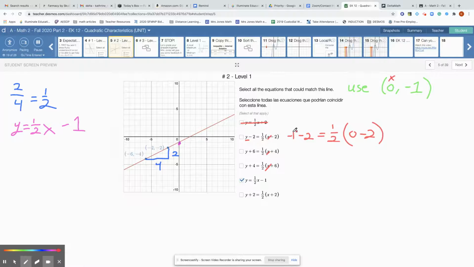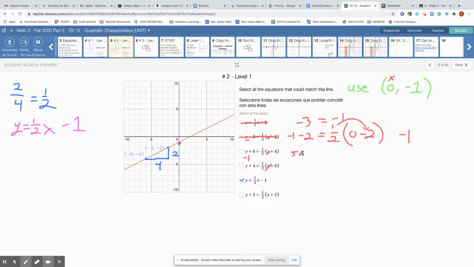Okay, so we have -1 minus 1 is -3? Wait, on the left side I can tell right off the bat, if you multiply 1/2 times -2, that equals -1. -1 doesn't equal -3. So this doesn't work. Okay, on this one, when I plug in -1 for the y, I get -1 plus 6. Well, that's 5.